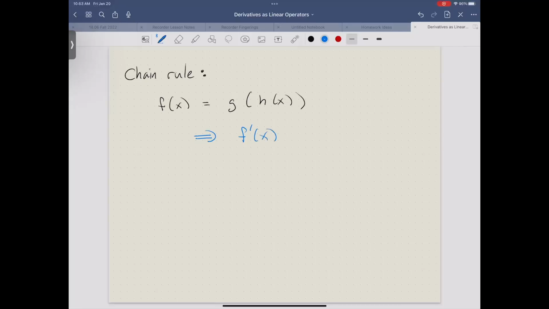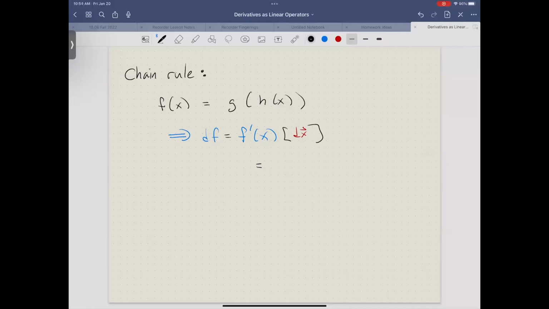f prime of x, that is a linear operator acting on a dx, and that's our df. Let's maybe write that down. df equals that.